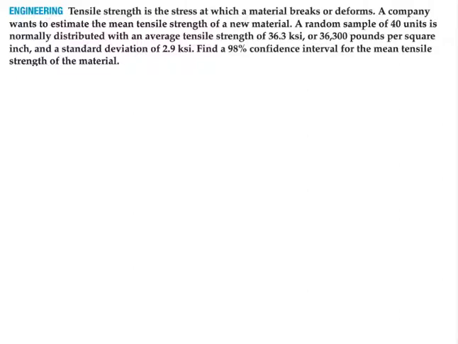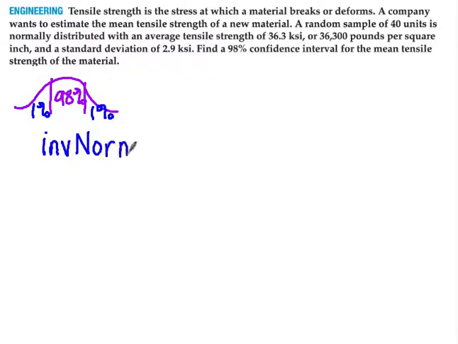So very first thing, we've got to find what 98% correlates to. So what that means is that this has to be 98%, right? What has to be on each of the other sides? 1%. So when I type this in and use the inverse norm, what am I going to take the inverse norm of? 99. Very good.